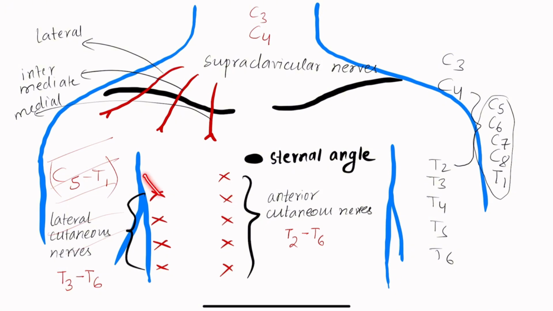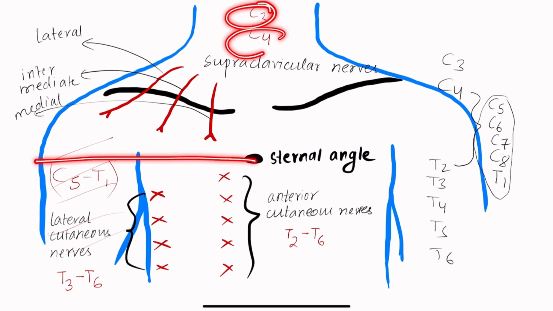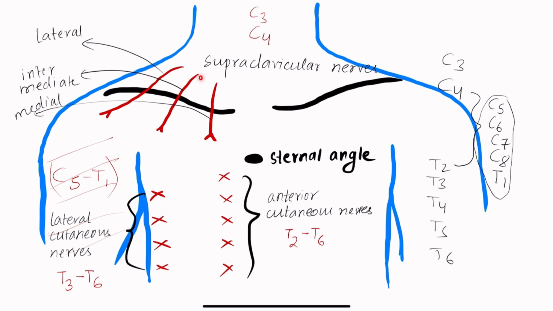Similarly, to the lateral side of the pectoral region, lateral cutaneous nerves are supplied from the T3 to T6 spinal nerves. This is a branch of T3, this is a branch of T4, this is a branch of T5, and this is the cutaneous branch of T6. So above the sternal angle, the C3 and C4 spinal nerves form the supraclavicular nerves, which are the cutaneous branches supplied to the pectoral region above the sternal angle.